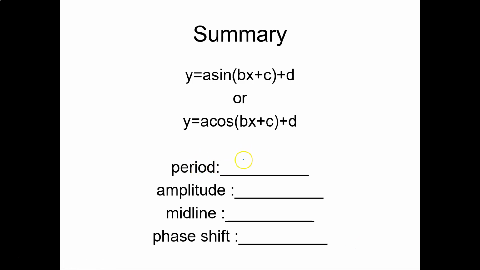Your period will always be 2 pi divided by that B value. Amplitude will always be the absolute value of A. Your midline will always be Y equals D. And your phase shift will be negative C over B.